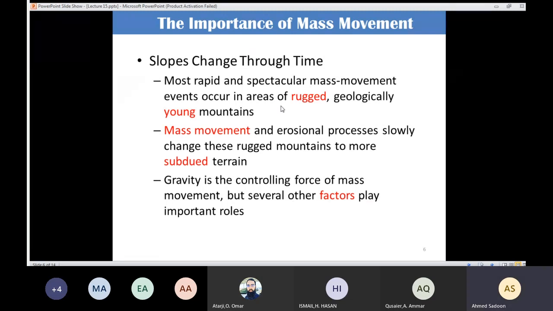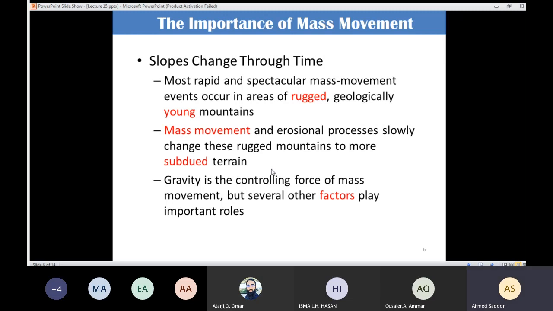It's not easy to travel over it, but because of the mass movement and the erosional processes, that mountain is going to be a soft area, soft terrain. Of course, it will require a lot of time.